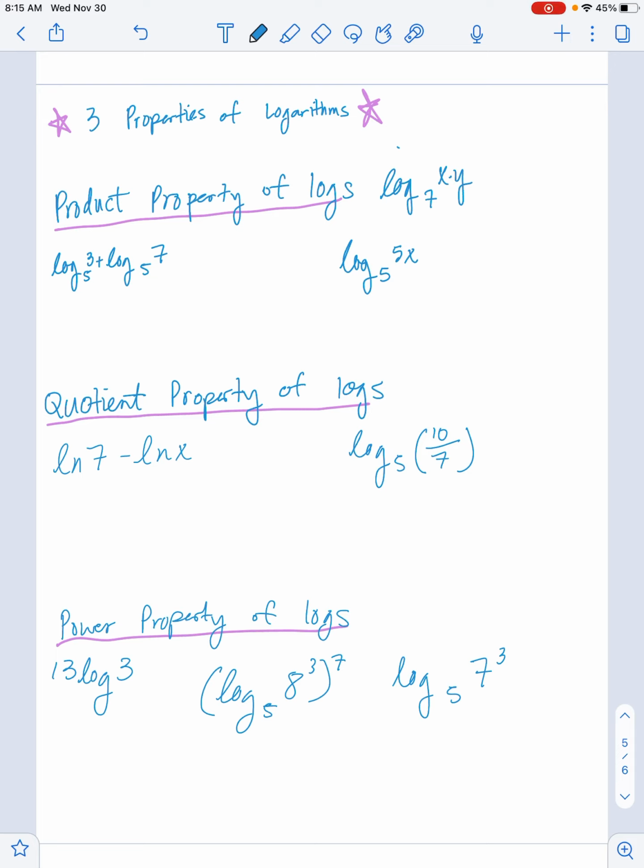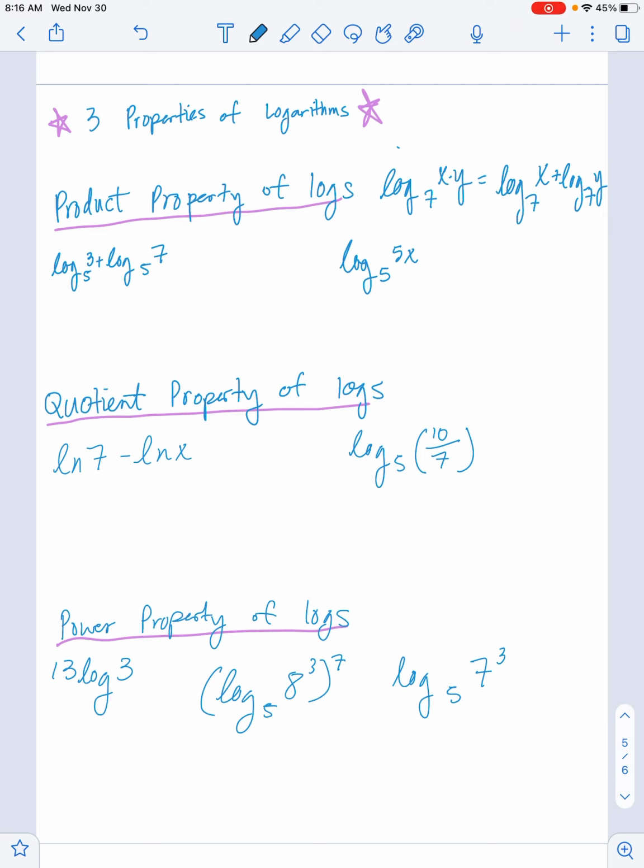So a multiplication inside one log will get expanded into an addition of two terms: log base 7 of x plus log base 7 of y. The things that we're multiplying together get split up and are now adding together, and my bases stay the same.